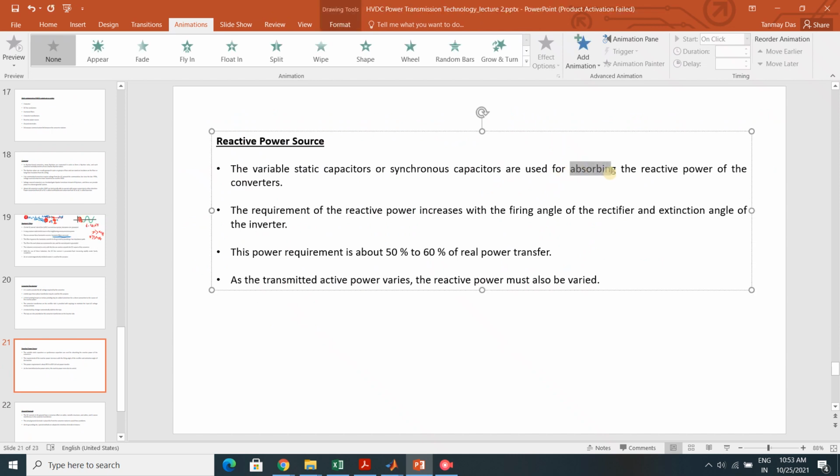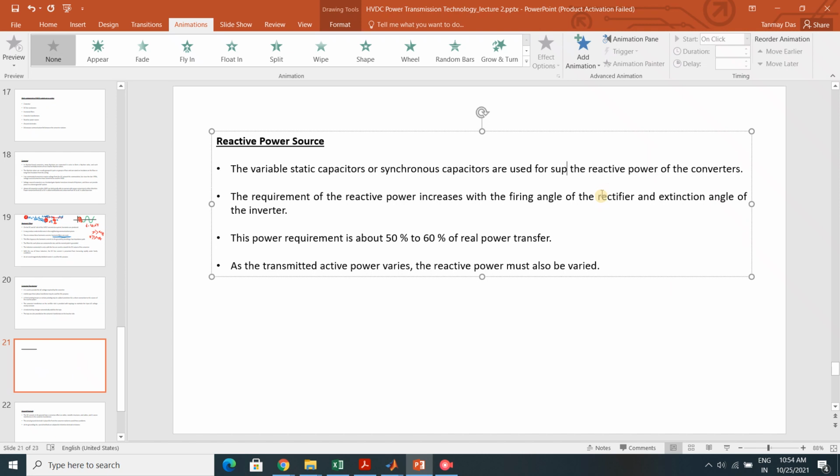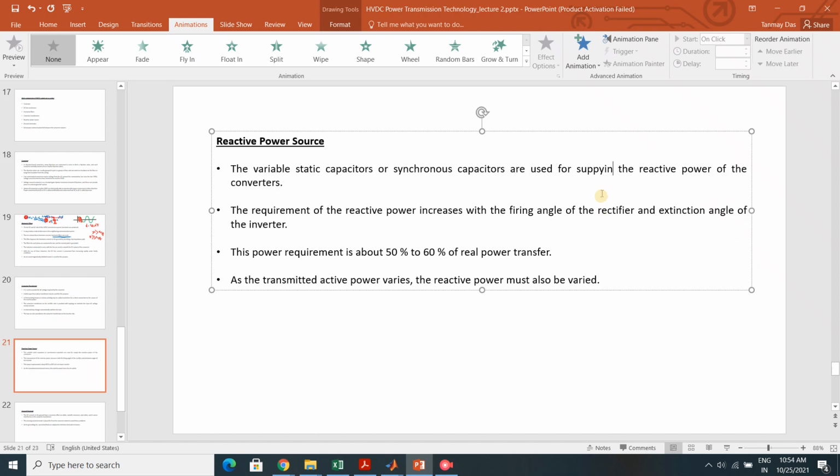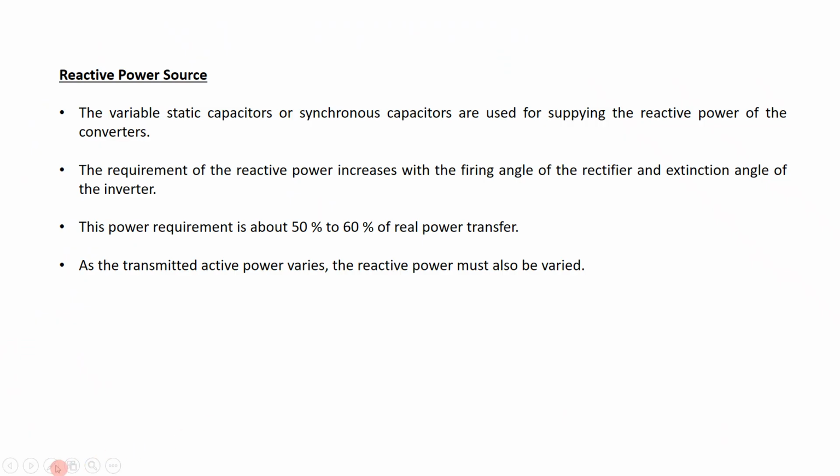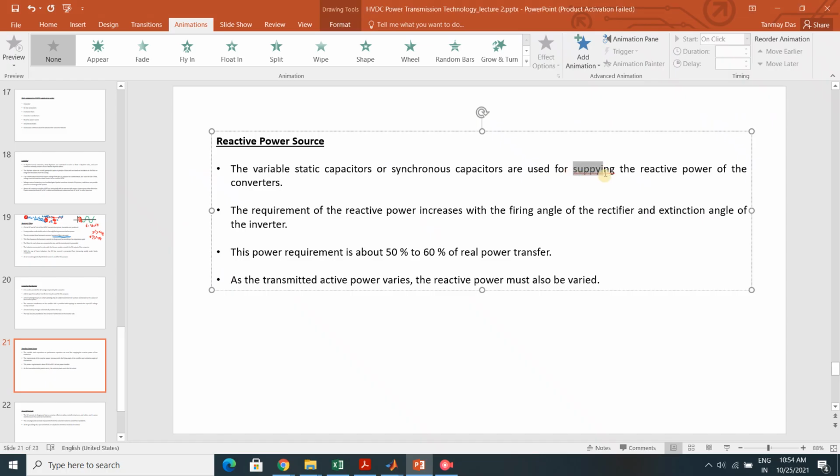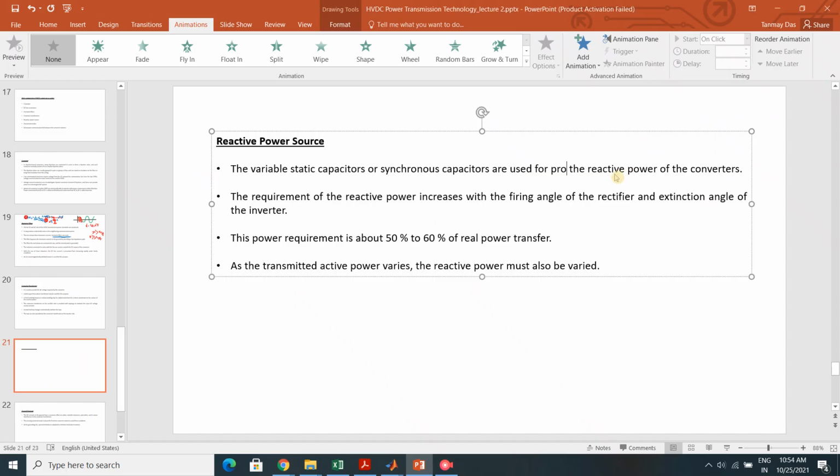The statement should be, I will be correcting it: used for supplying rather. So reactive power is supplied by these, used for providing the reactive power.